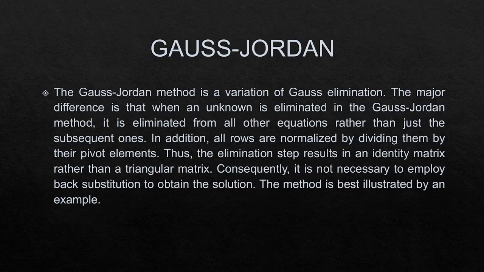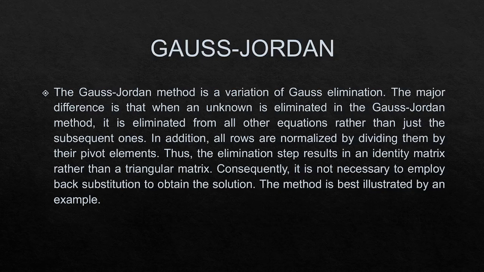So the Gauss-Jordan method is a variation of the Gauss elimination. The major difference is that when an unknown is eliminated in the Gauss-Jordan method, it is eliminated from all other equations rather than just subsequent ones.